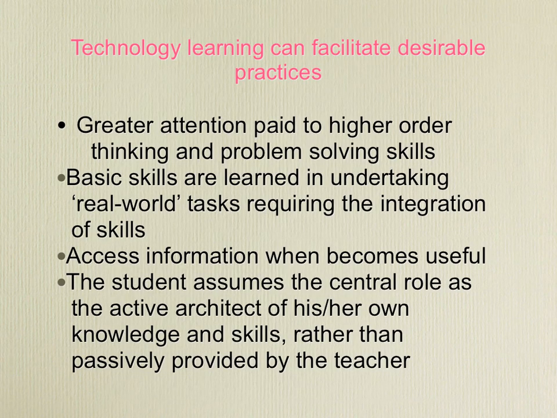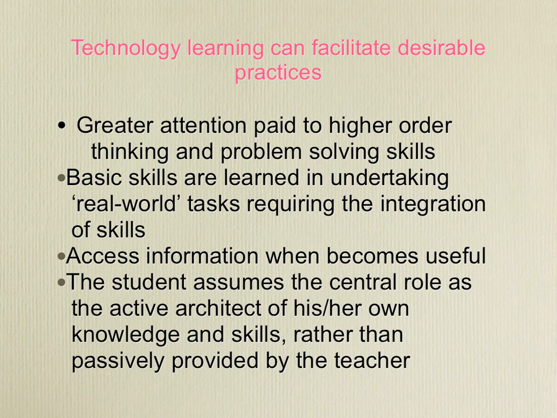So here's another summary about how our technology can facilitate desirable learning. We want our students to be thinking, to be solving problems. At the same time, we want them to learn a set of skills. We want them to be good craftsmen, but we want them to also be risk takers, to be innovative, and to be reflective learners.